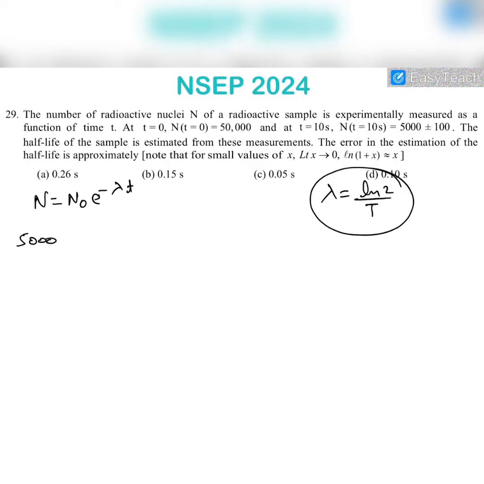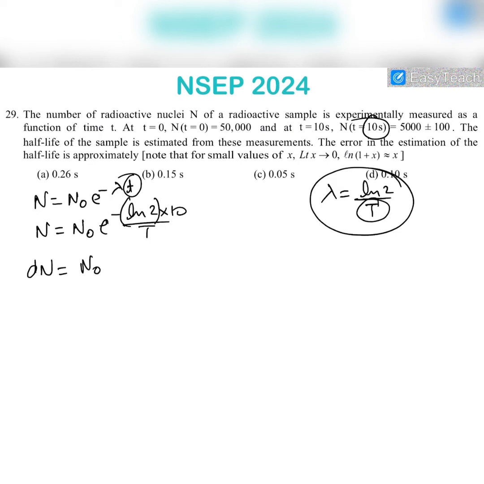So first of all, we'll differentiate N. You should always remember that here the variable is T, not small t. So N is equal to N naught e to the power minus ln2, and the time is 10 seconds, divided by T. So dN will be equal to N naught into the differentiation of this.